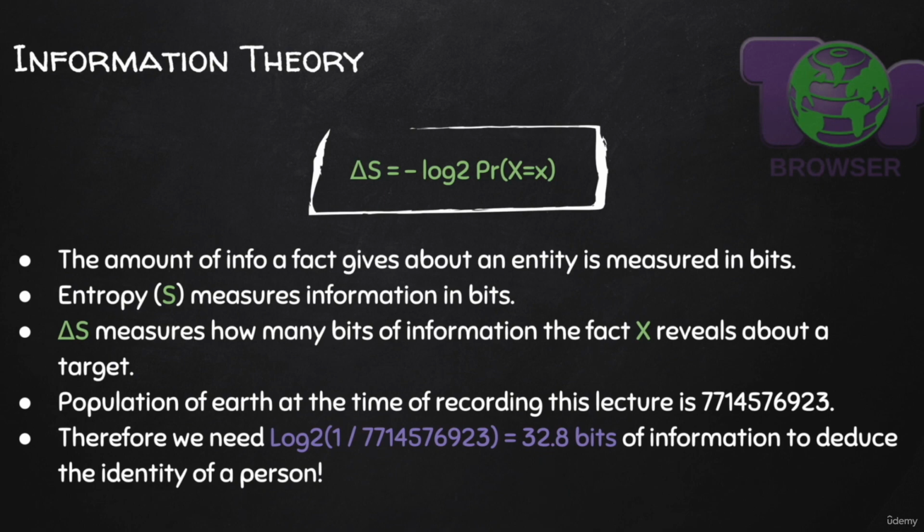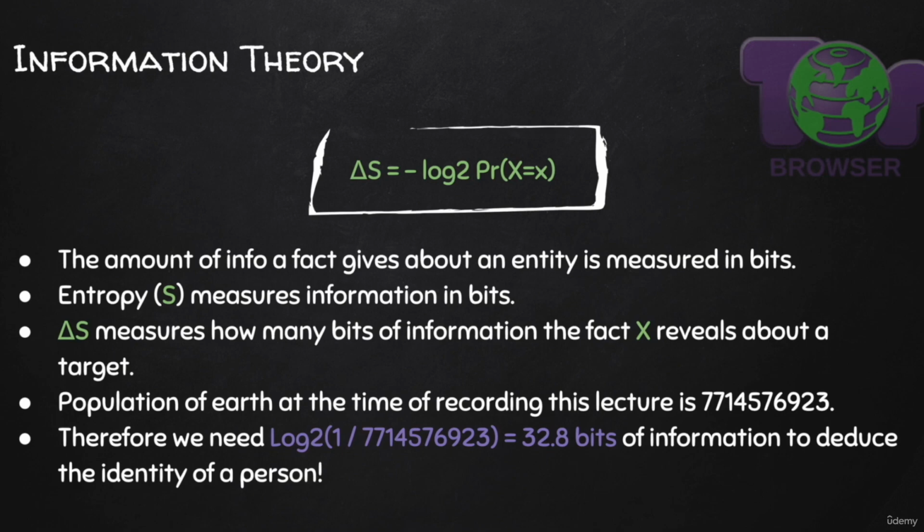So, when searching for someone, we start adding the bits of information that we discover about them one by one, such as their language, their location, the browser they use, and so on. Once we get about 33 bits of information, identifying this person will become relatively easy.